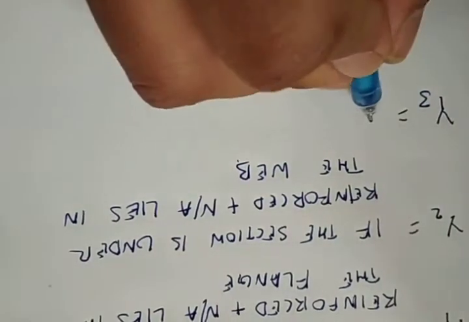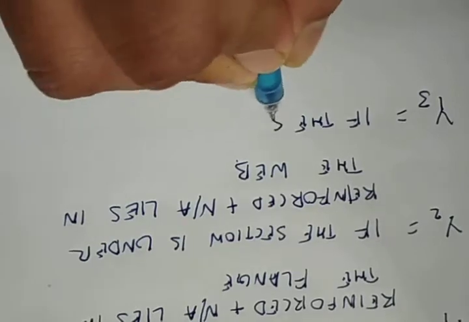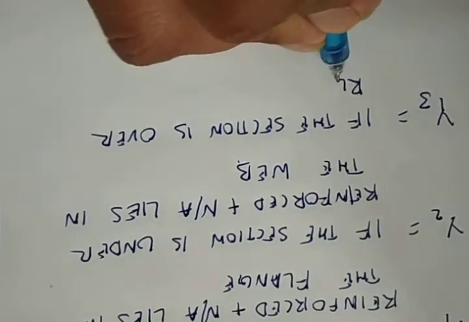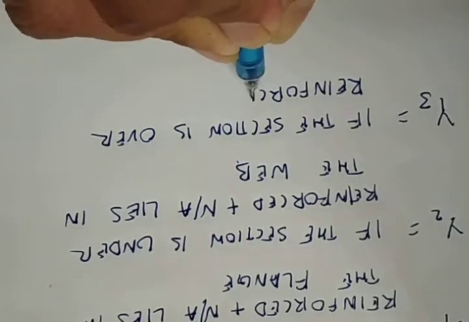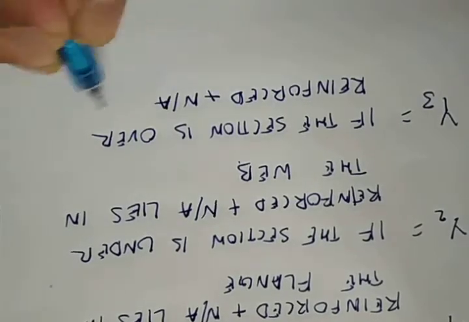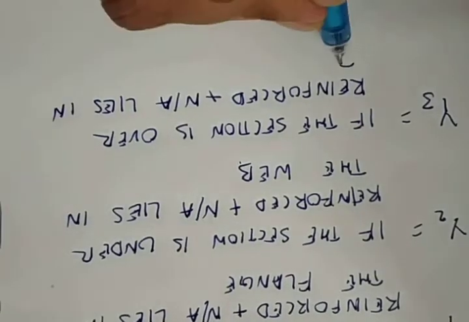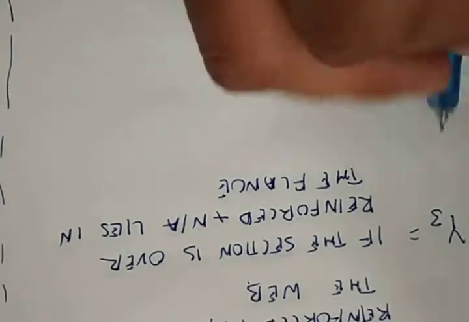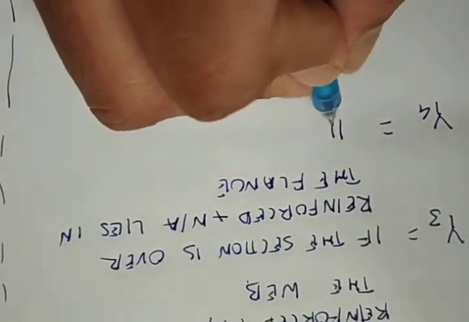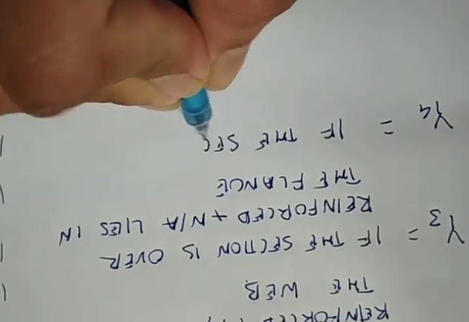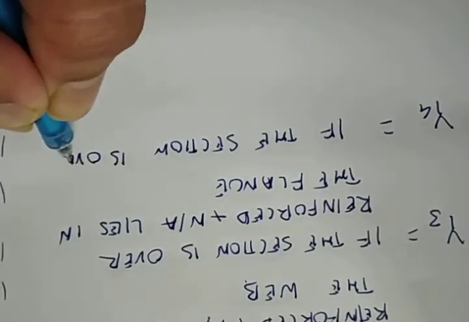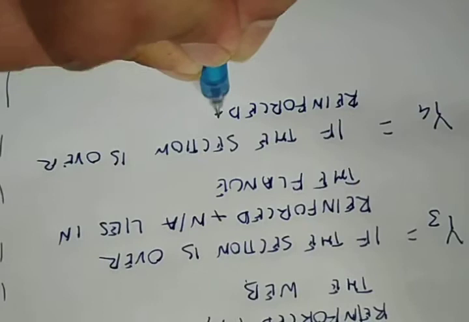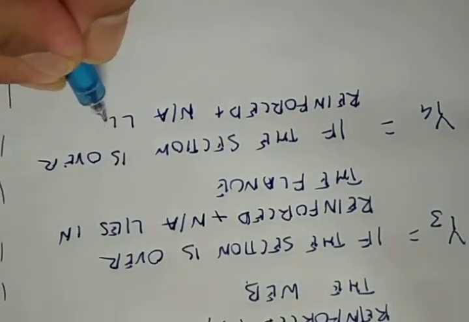Third one, now we go to over reinforcement: the section is over reinforced and the neutral axis lies in the flange. Next would be if the section is over reinforced and the neutral axis lies in the web.